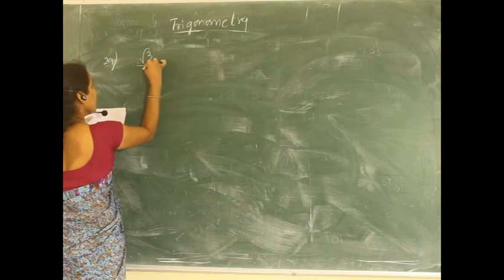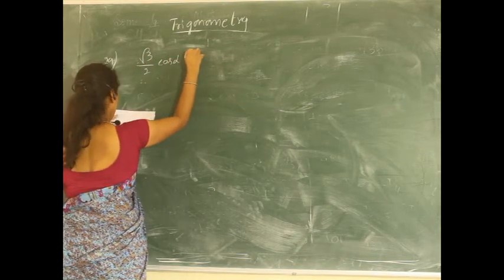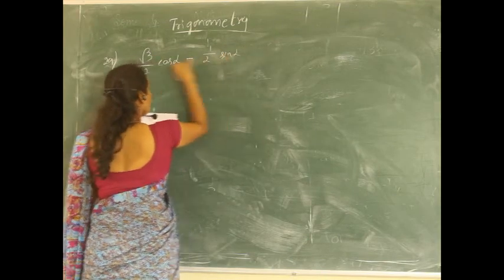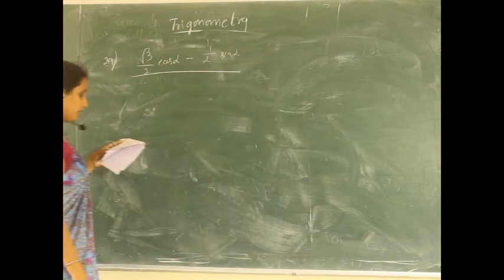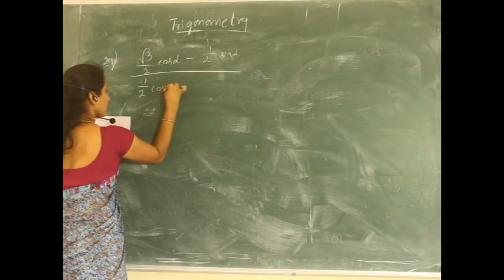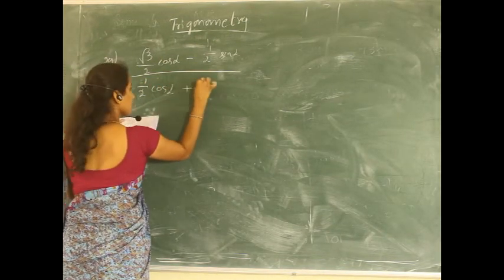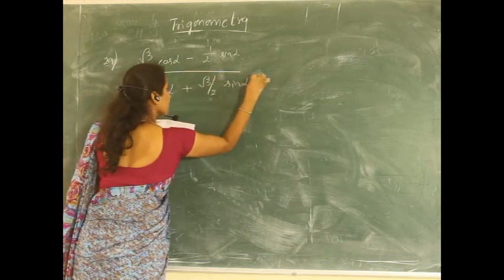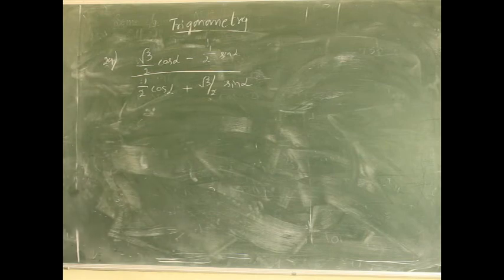Root 3 by 2 cos alpha minus 1 by 2 sin alpha divided by 1 by 2 cos alpha plus root 3 by 2 sin alpha. So what I have done is divided numerator and denominator by 2.